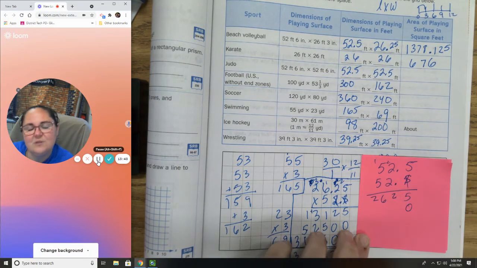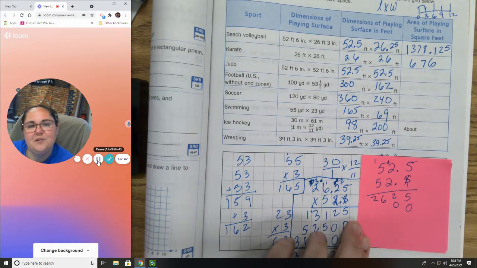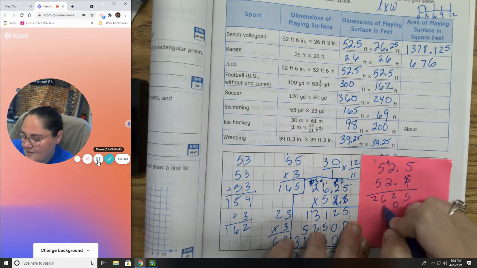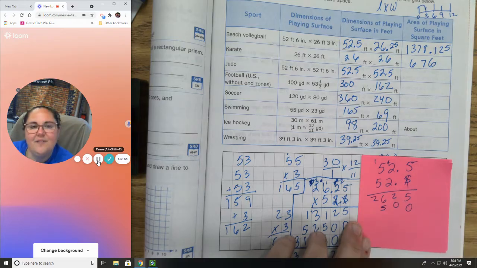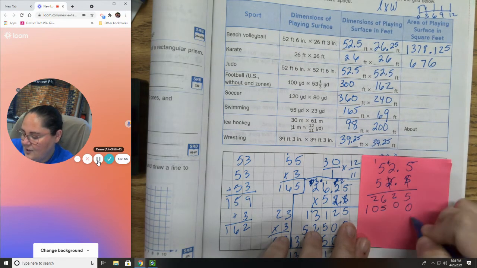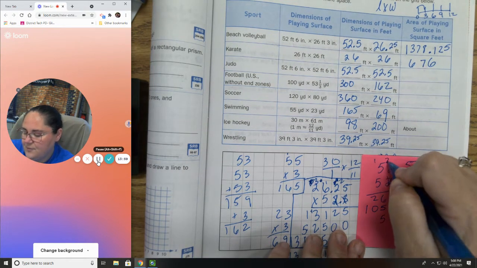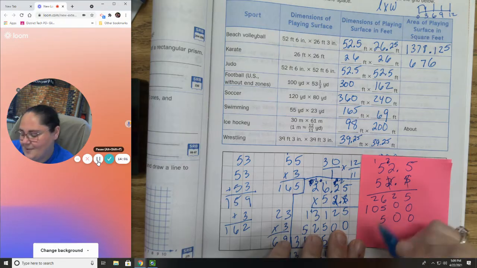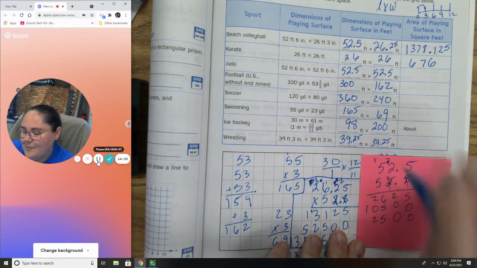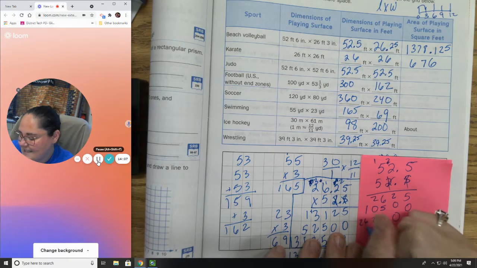X's and O's. 2 times 5 is 10. Carry my 1. 2 times 2 is 4, plus 1 is 5. 2 times 5 is 10. X's and O's. 5 times 5 is 25. Carry my 2. 5 times 2 is 10, plus 2 is 12. Carry my 1. 5 times 5 is 25, plus 1 is 26.